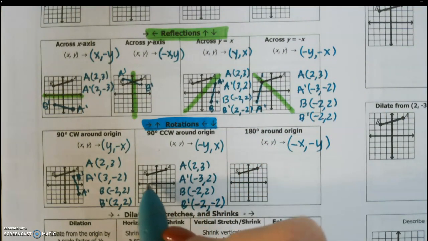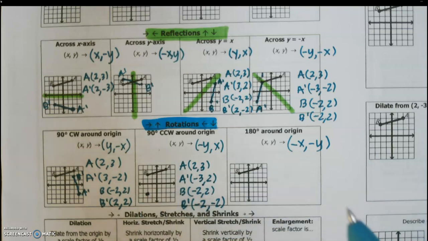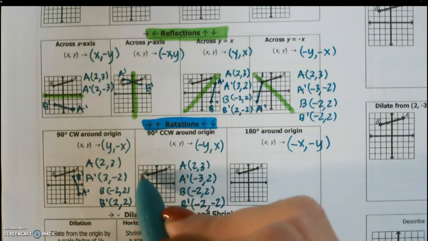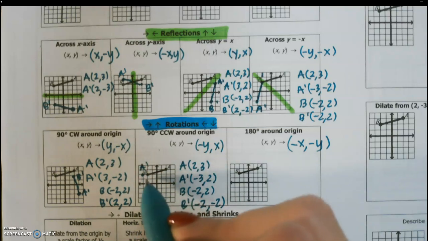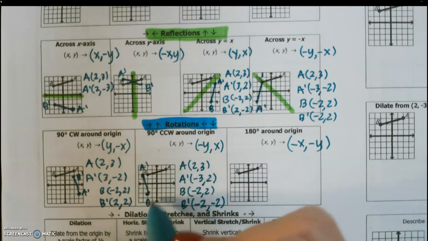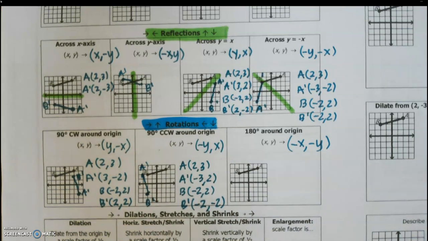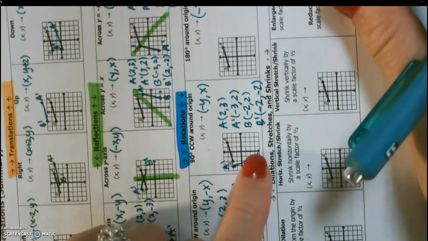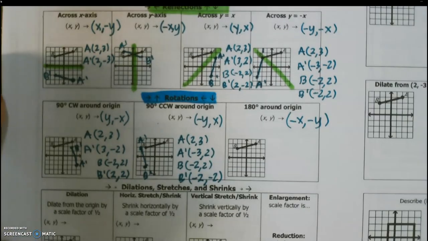So B is negative 2, or B prime. A prime is at negative 3 comma 2. And again, 90 degrees counterclockwise would be like turning your paper one time to the left, right? So if you were to rotate your paper one time to the left, notice we're at negative 3 comma 2 and negative 2, right? So that makes sense.